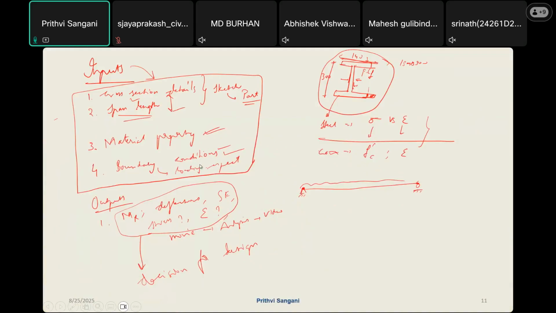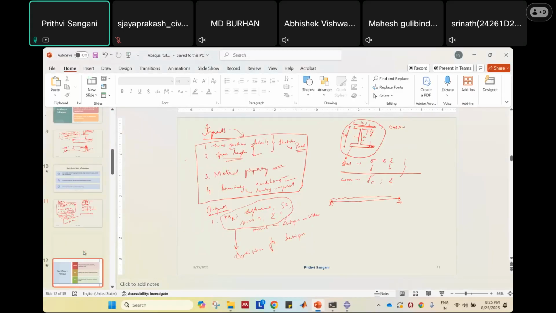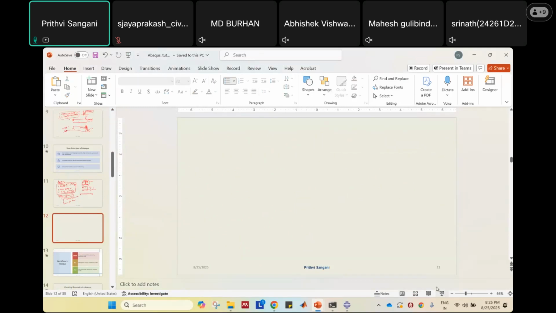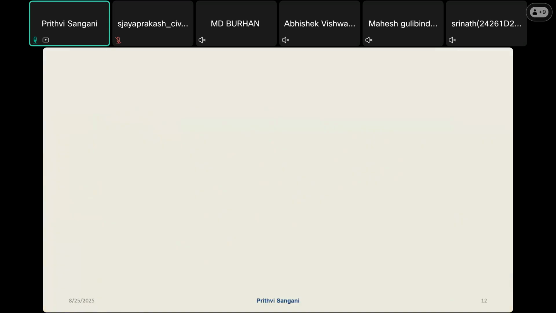Next, these are the inputs, but when it comes to the process of analyzing, let us say you have given these inputs. Let us say your inputs are already given. Now inputs are done. Next, once you have done a part of the beam, then like I mentioned, the major part of FE is discretization.